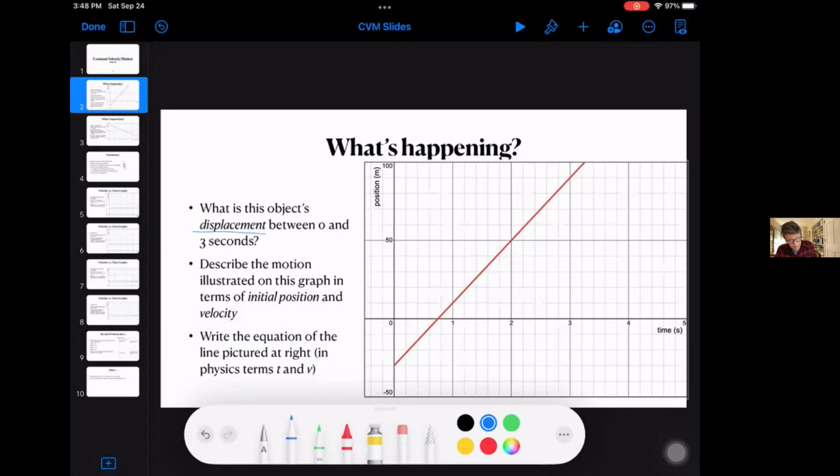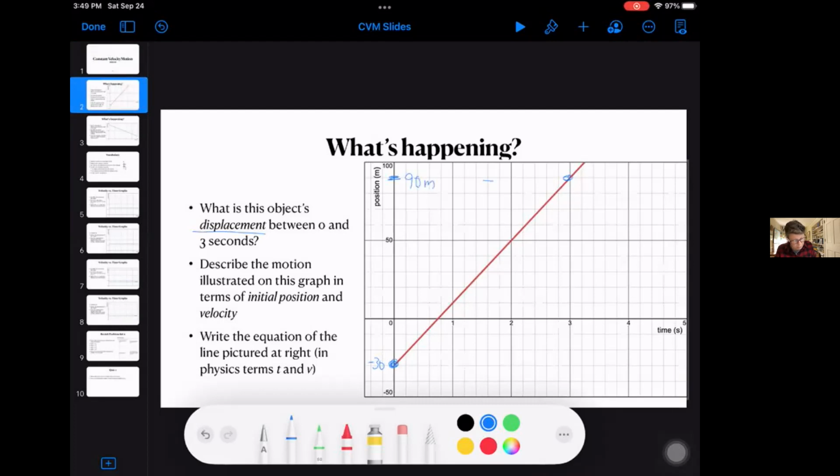At 0 seconds, this object's position is right here, right? The y-intercept on that graph looks to be negative 30 meters. And at time equals 3 seconds, we're up here at this position, which appears to be 90 meters.